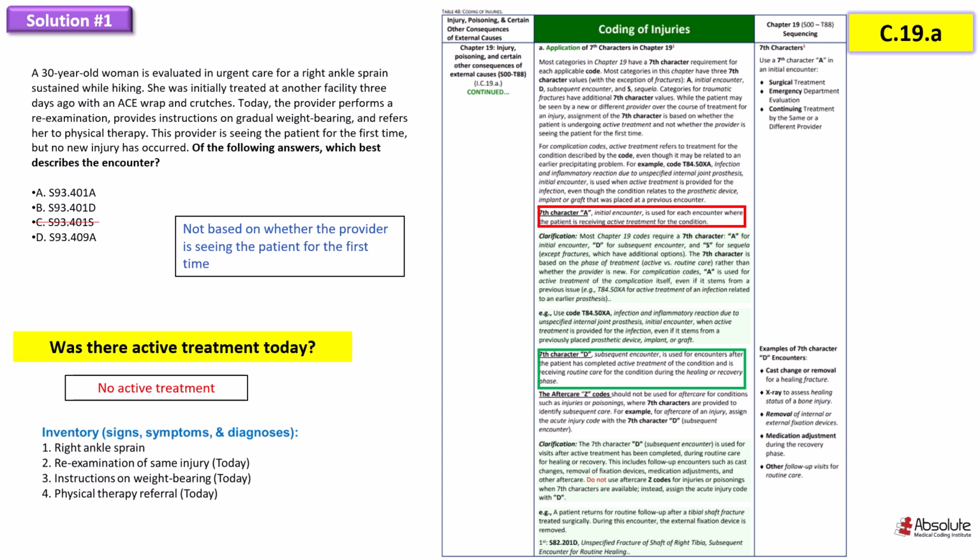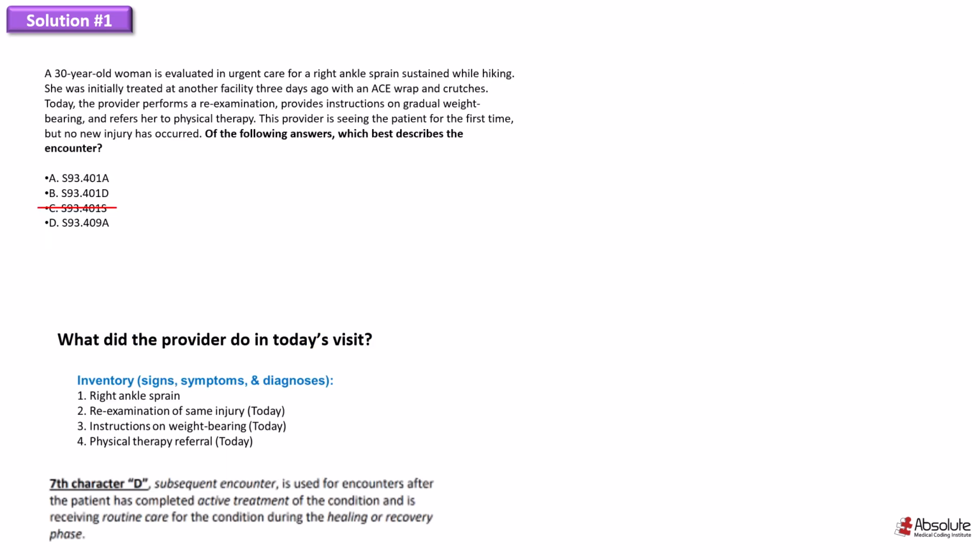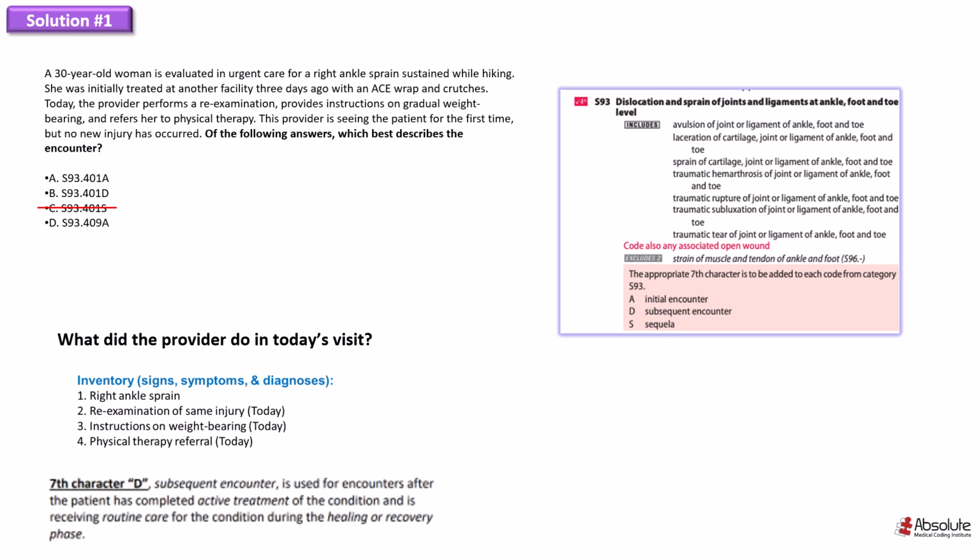Now, let's go ahead and do our due diligence and look up our code. All right, so S93, dislocation and sprain of joints and ligaments at ankle, foot, and toe level. This is the correct block or category, but definitely turn your attention to the seventh character extender box.